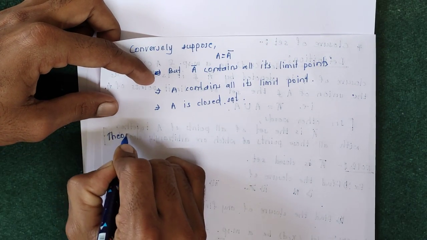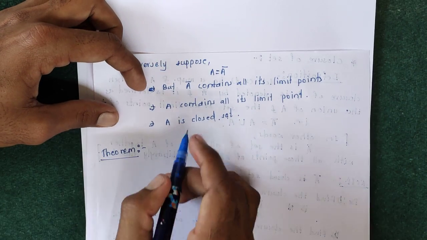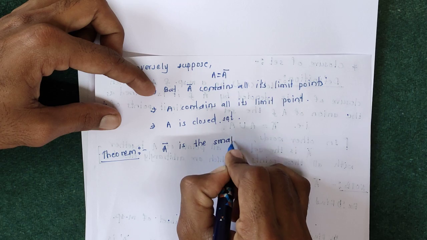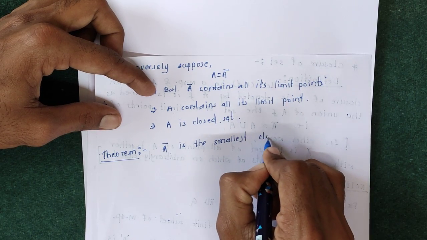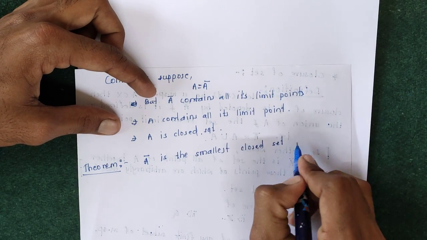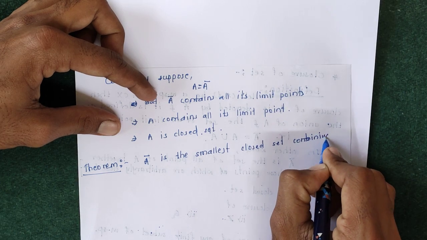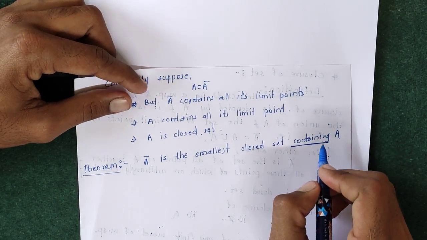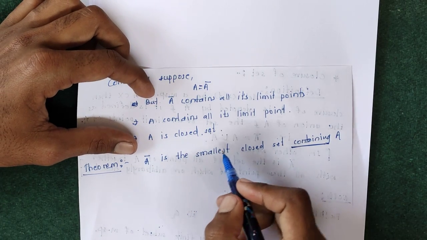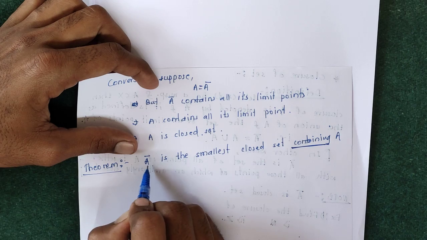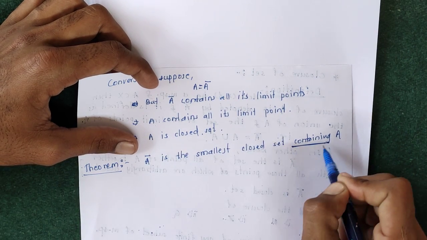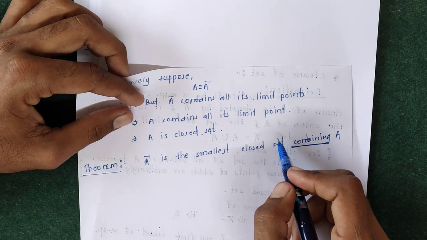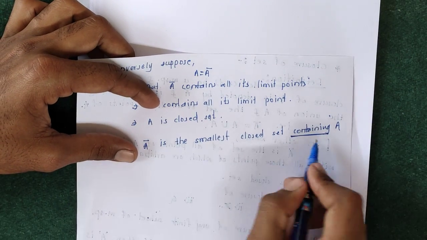Now, the next theorem is: A closure is the smallest closed set containing A. There is a similar theorem that we discussed for the interior of a set: A interior is the largest open set contained in A. Now, here we are saying A closure is the smallest closed set containing A. So, there is a difference between these two words, contained and containing.